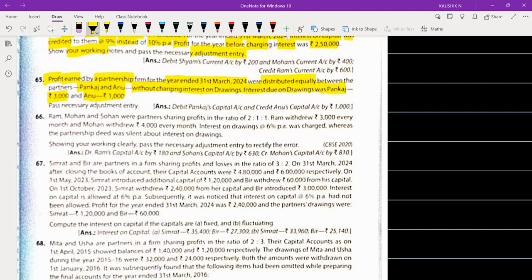And interest on drawings amount is given over here as 3000 and 1000. But the problem here is we are not supplied with what is the profit for the year. So if at all the question has provided with profit for the year, we can easily reverse the distributed profit.